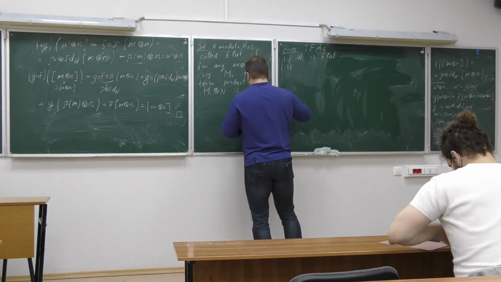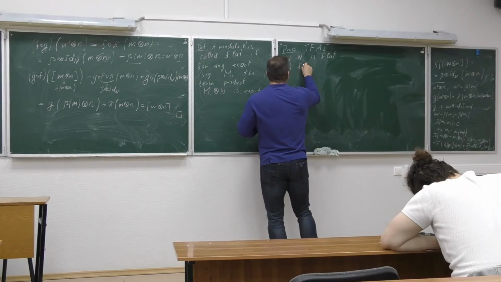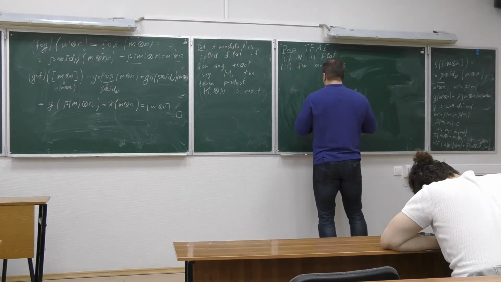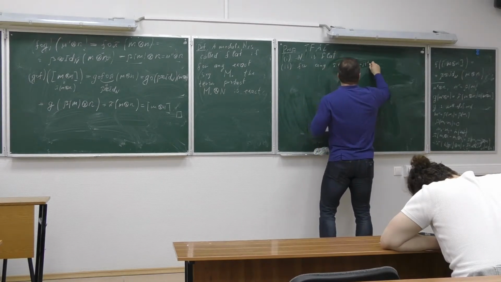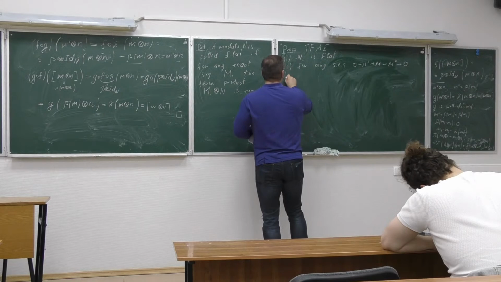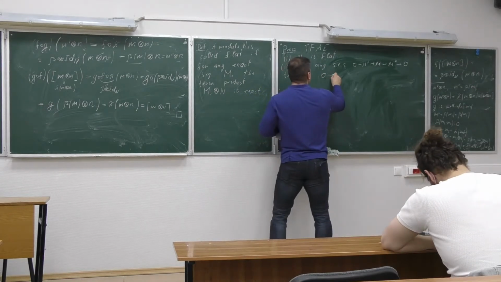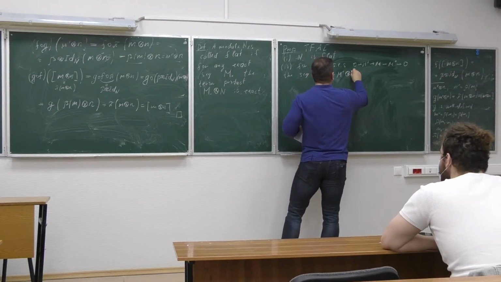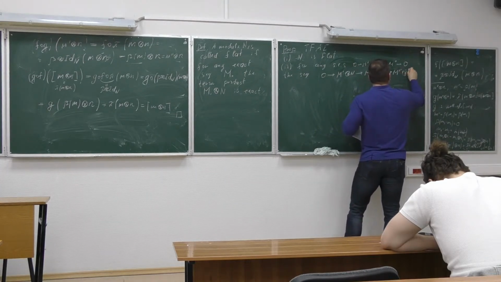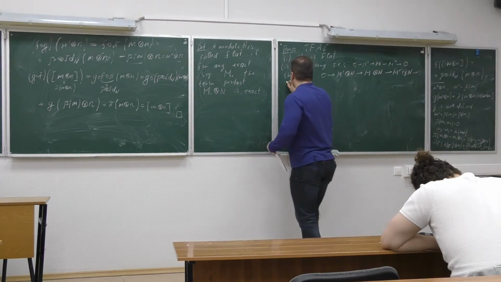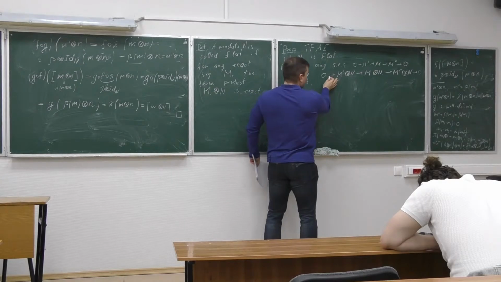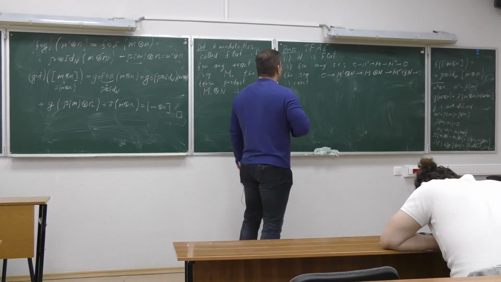The second property is that for any short exact sequence 0, M prime, M, M double prime, 0, the sequence which is obtained by tensoring this sequence with N is exact. So we know in general that there is exactness on the right, but we also have this exactness on the left, an additional property for flat modules.